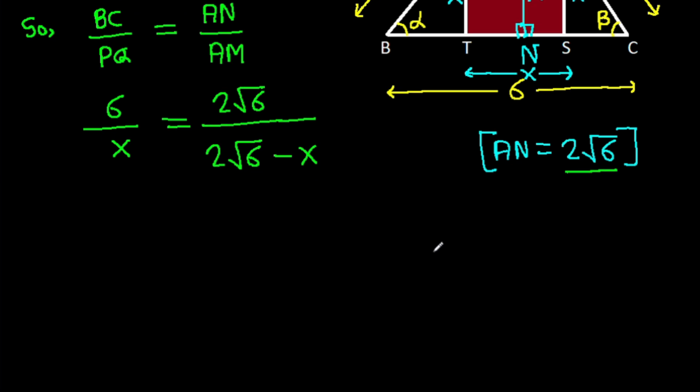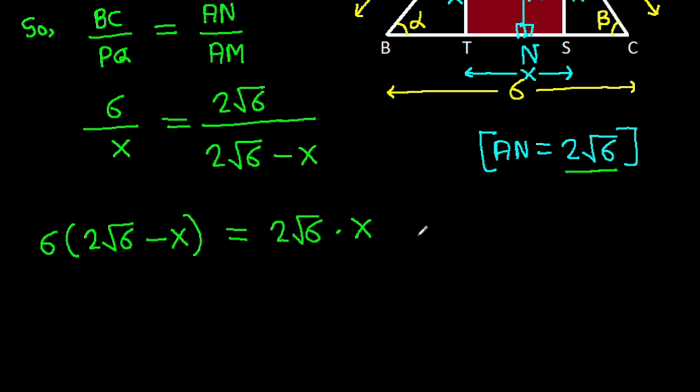And if we cross multiply, then 6 times 2 root 6 minus x will be 2 root 6 times x, and 2 times 3 is 6.